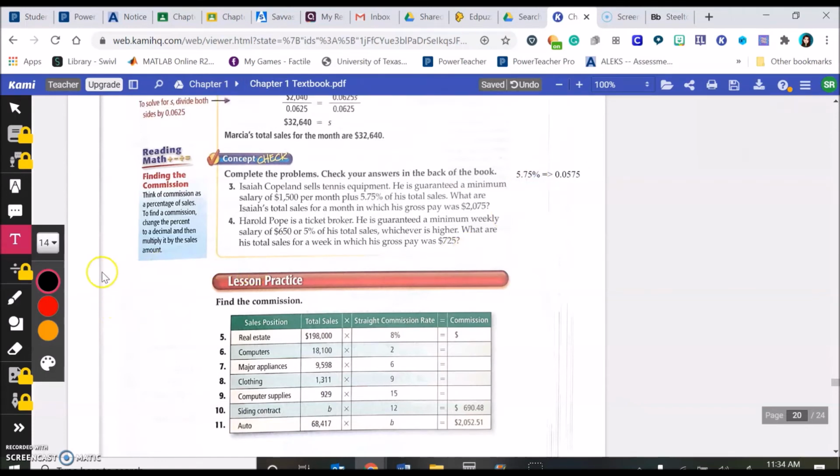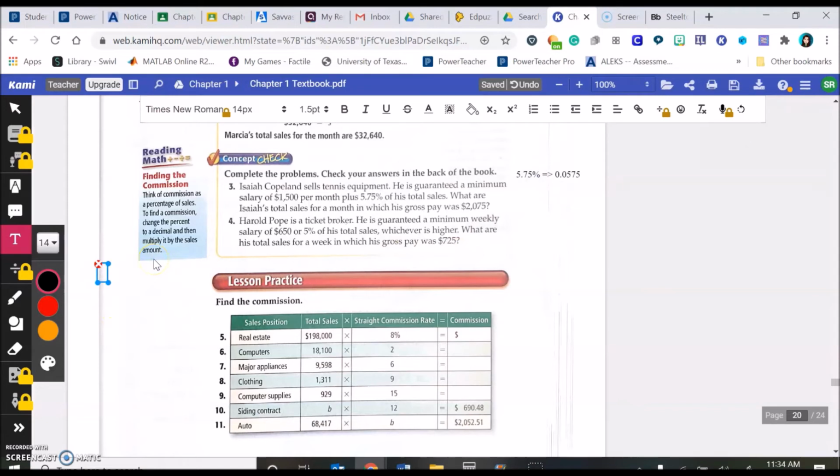So he made $2,075. That's equal to his salary plus the commission that he made on his total sales, 0.0575, and I'm going to use X.